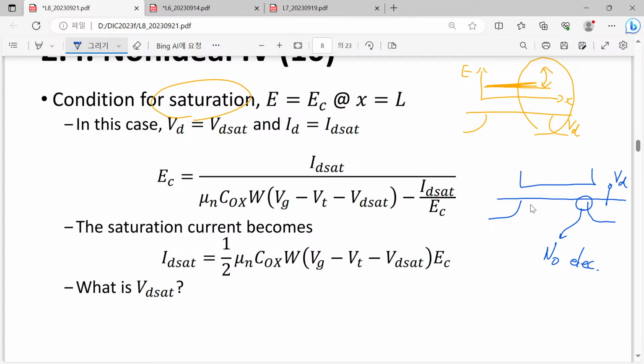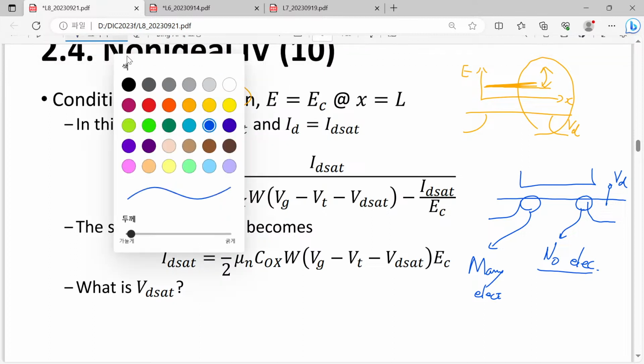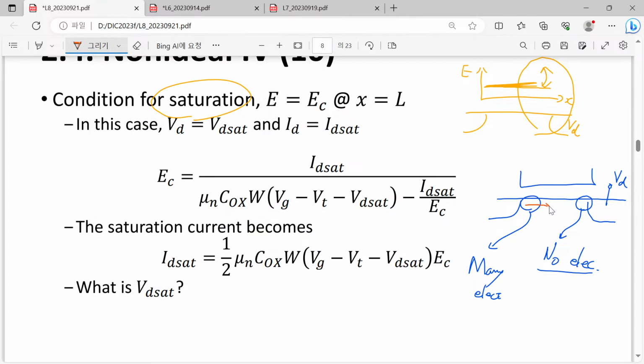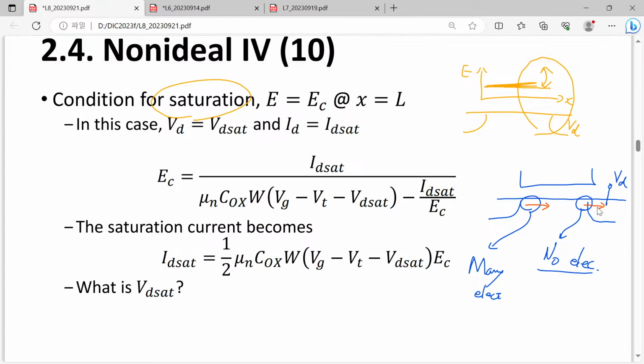Then now think about the continuity. Here we have tons of electrons, so many electrons, and here we have almost no electrons, but still we have to have what? We have to have the same amount of current.